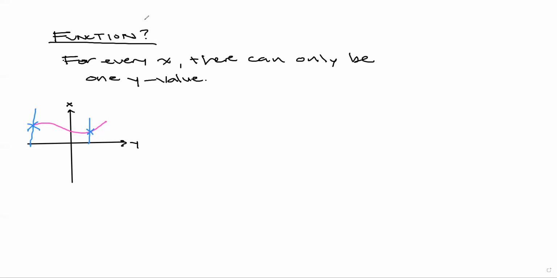Now, what if we have something like this? Okay, so now if I were to draw my vertical line, okay, notice that my vertical line crosses the graph two times, here and here, all right?